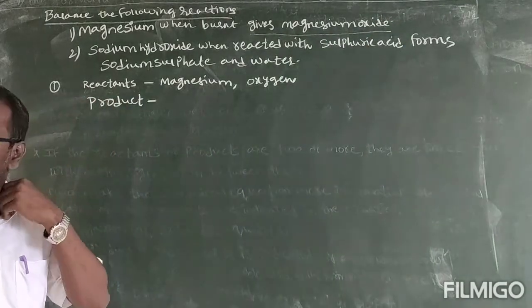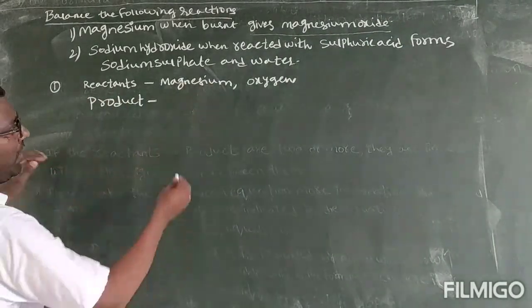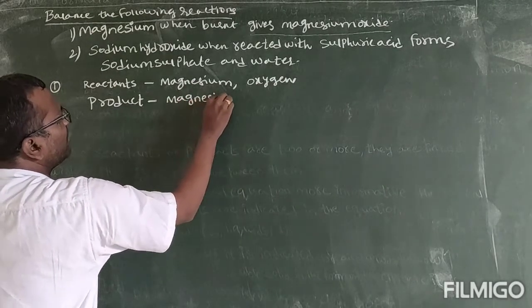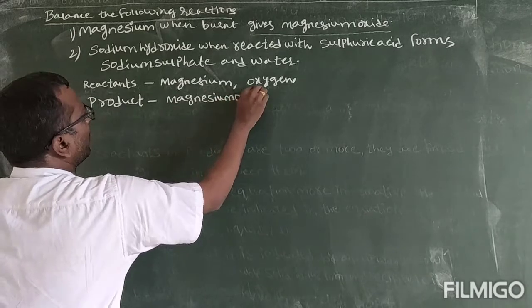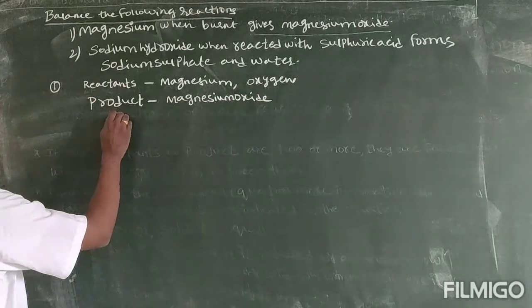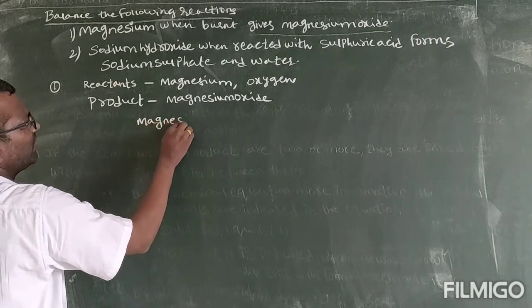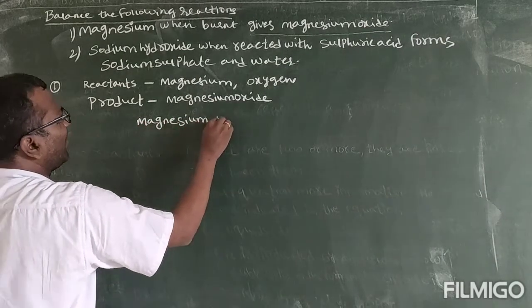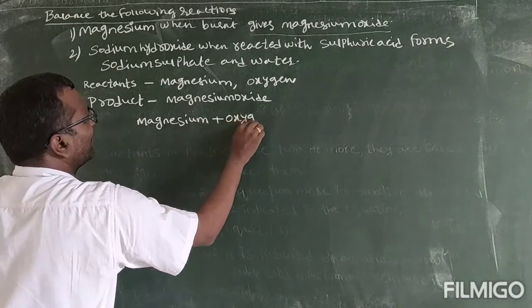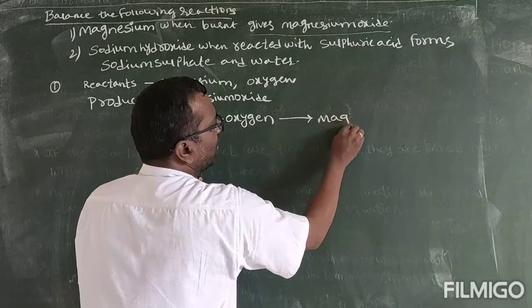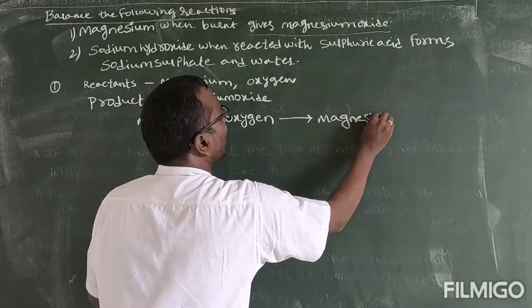Gives means the product, magnesium oxide. Now you see, reactants give rise to products. So magnesium plus oxygen gives rise to magnesium oxide.